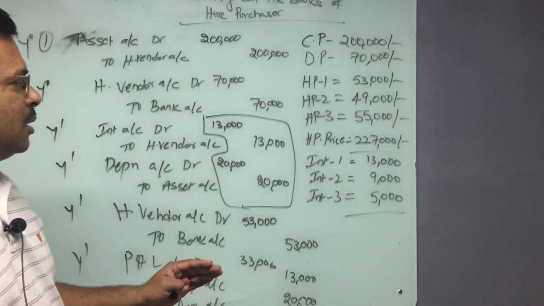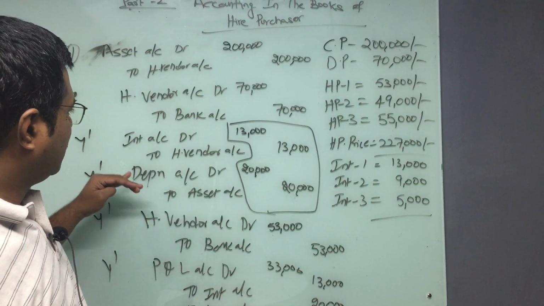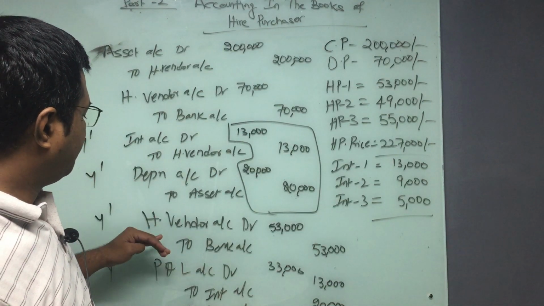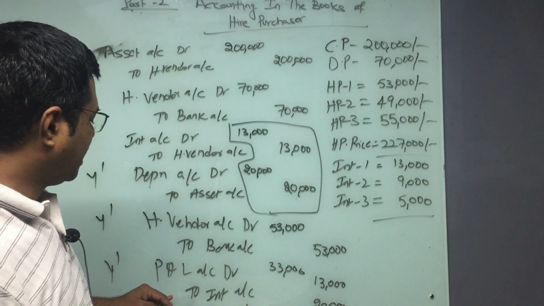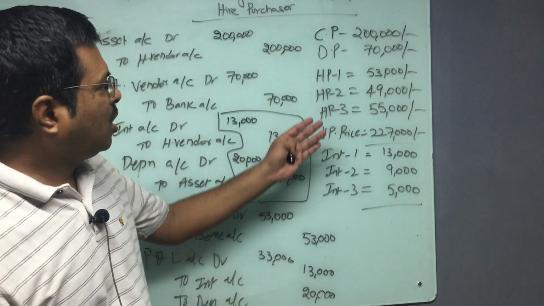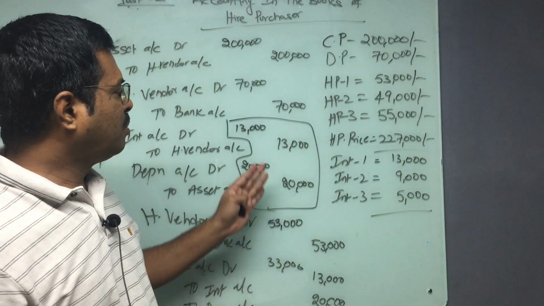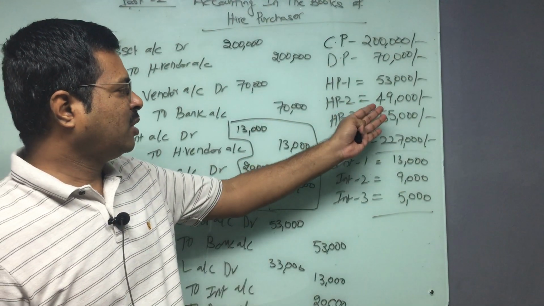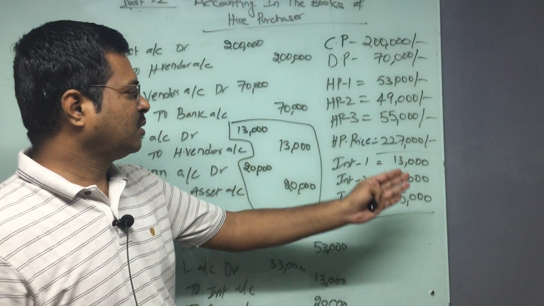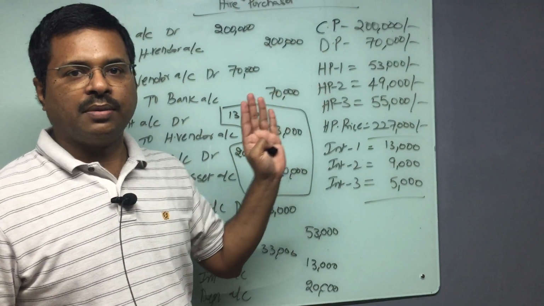So if you observe, the interest entry, depreciation entry, payment of installment and transfer of expenses to P&L, all these 4 entries are common for the next 2 years also. Only the amounts change, that is 49,000, 9,000, 55,000, 5,000 and depreciation at 10% on WDV.